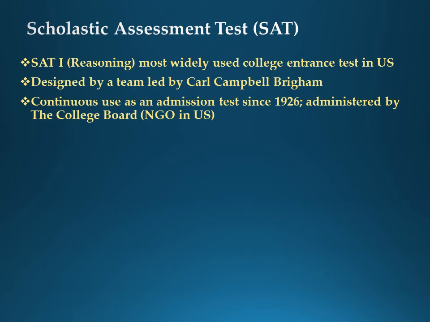The College Board is not what you think a College Board is. It's actually the name of a non-profit organization in the US, and they're the ones who administer this test. So the SAT 1 actually has two sections for the reasoning scales, which are verbal and math sections. Now the verbal section looks at reasoning in terms of vocabulary.